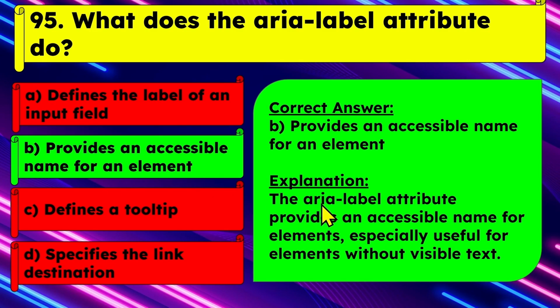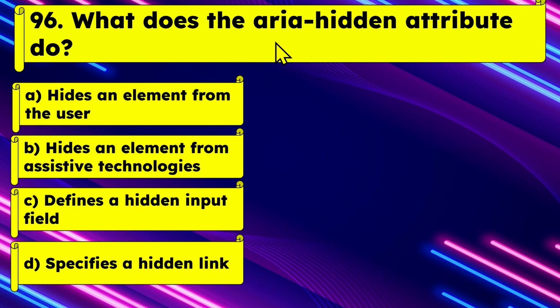As you can see, the aria-label attribute provides an accessible name for the elements and is especially useful for elements without visible text. Next is, what does the aria-hidden attribute do? Option A, it hides an element from the user. Option B, it hides an element from assistive technologies.